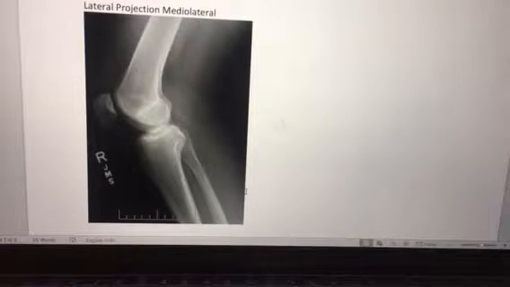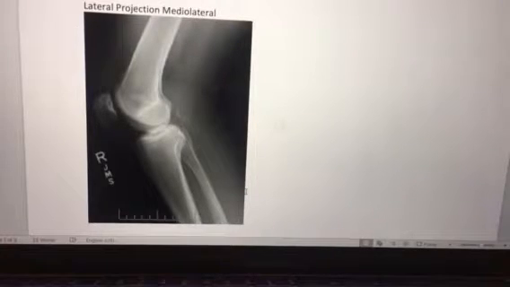So that is my AP knee, and then we would go to my lateral projection, and for that one you would want your central ray to be 1 inch distal to the medial epicondyle, and your central ray should be angled 5 to 7 degrees cephalad.